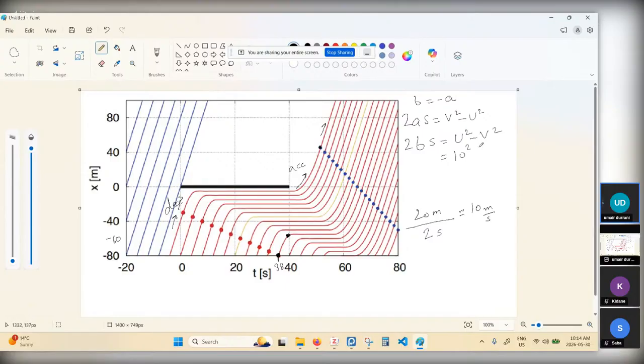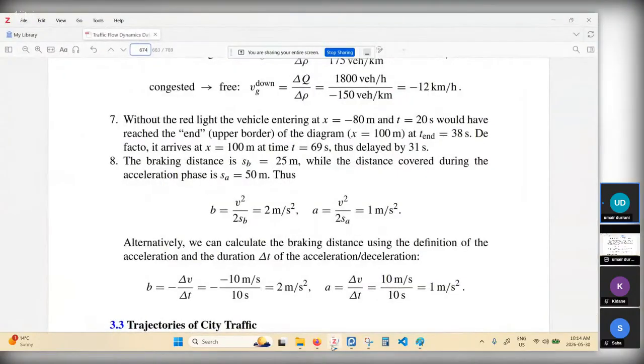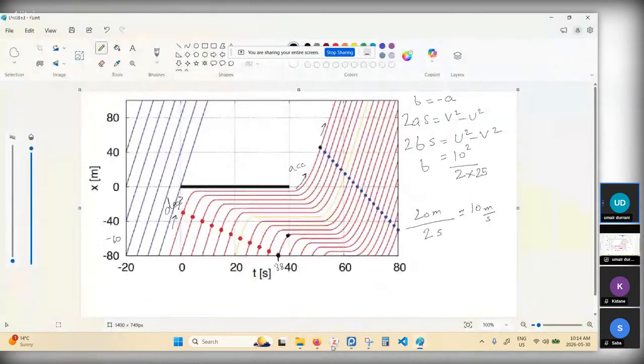So it's 10 squared, and final speed is going to be 0. So this would be 2 into the distance that is covered, which is 25 meters in the book. And here we are doing b. Is that correct? 10 squared divided by 2 into 25. So they get 2 meters per second squared.